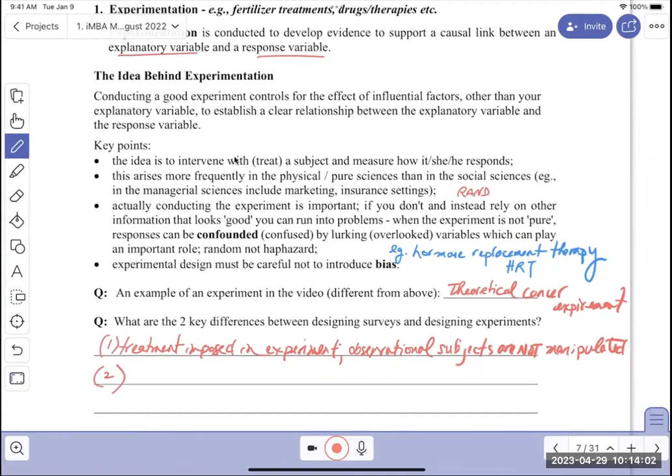The second point I want to make is the randomization. When it comes to experiments, it's difficult. It's a challenge, let's say that.